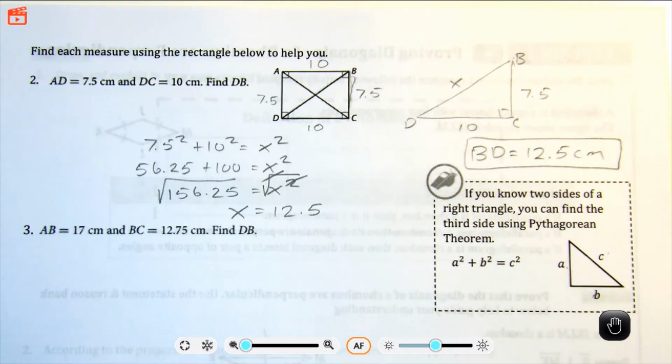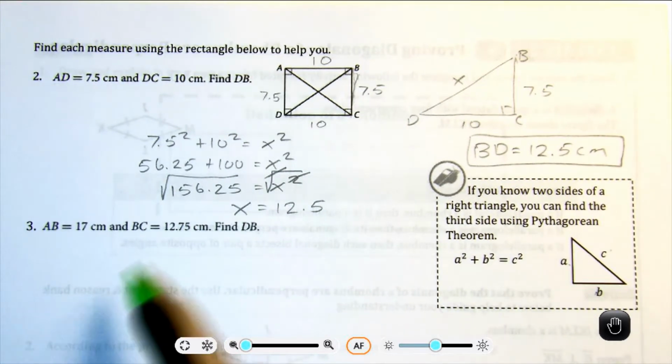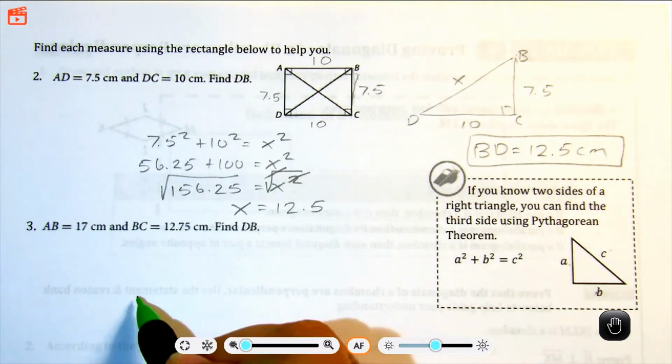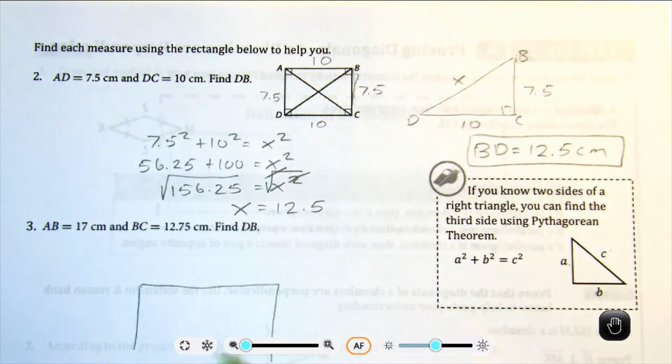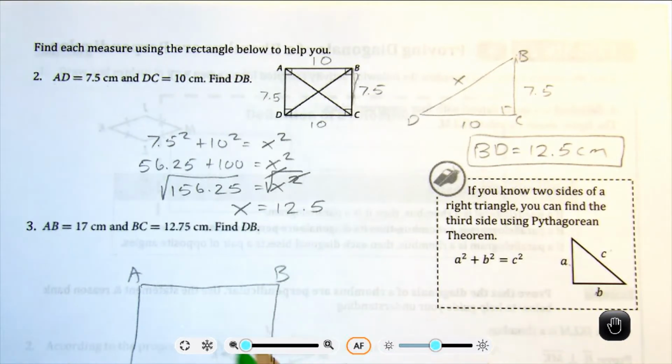So let's try this problem again, but with different dimensions. Let's start by just drawing this rectangle as it is. So we have A, B, C, D, and then we have a diagonal and a diagonal.